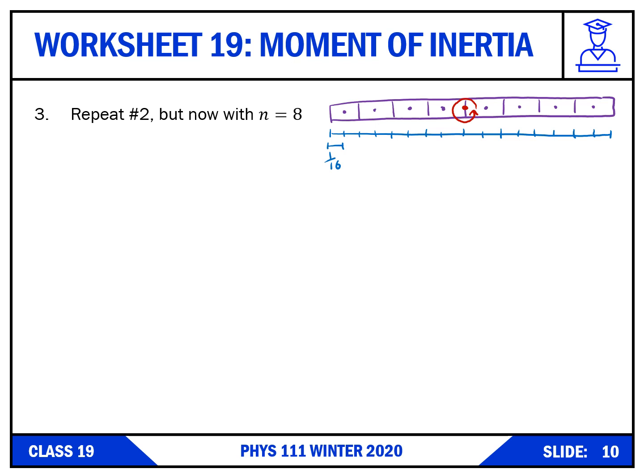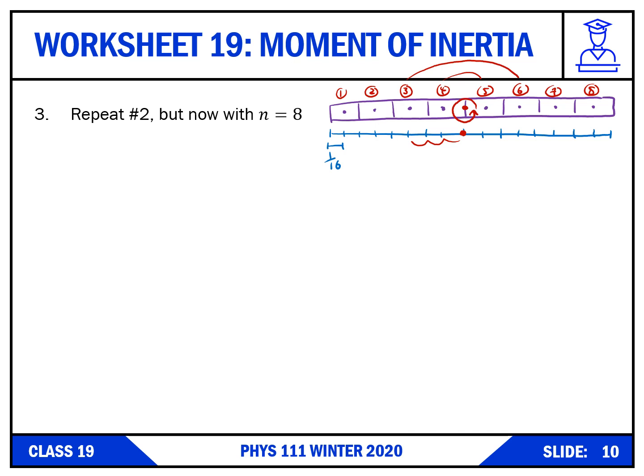So starting from here, we can label each of these as 1, 2, 3, 4, 5, 6, 7, 8. So we're going to have two segments, 4 and 5, who are at 1/16th distance away from the axis of rotation. We then have 3 and 6. They're both going to be 3 over 16 units away from the axis of rotation.